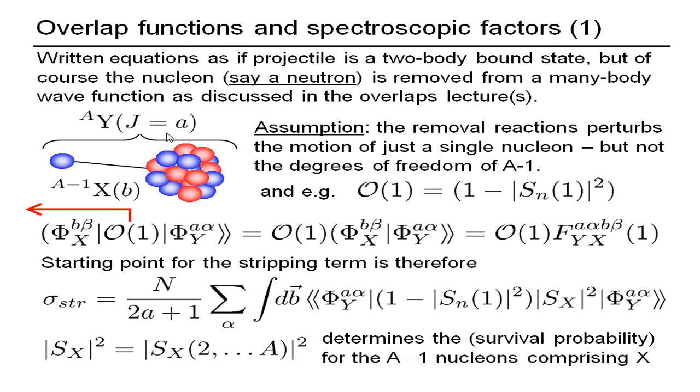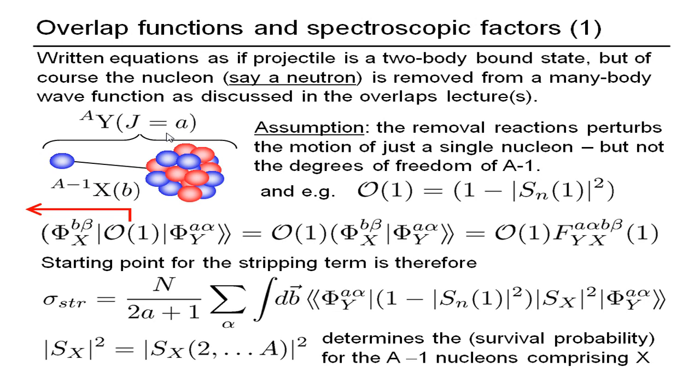So here I'm laying things bare. I've written the equations as if the projectile is a two-body bound state, but of course the nucleon, and let's call it a neutron to be definite, is removed from a many-body wave function as we discussed last time.